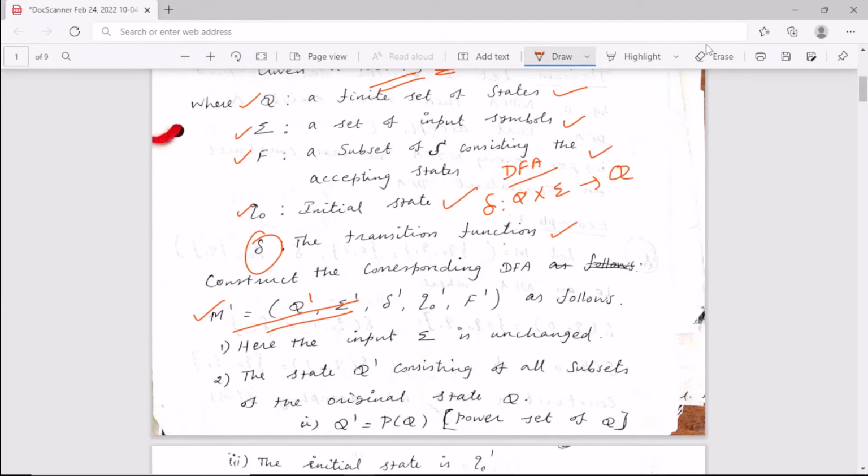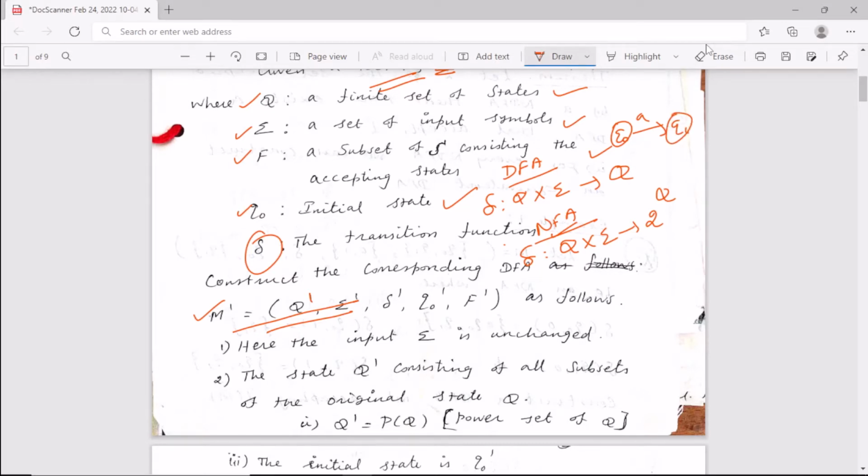In case of NFA, the delta transition function is from Q cross sigma to 2 power Q. That is the difference between DFA and NFA. Here we have so many possibilities. The next state is chosen at random in case of NFA, because for a state Q naught, by reading an input symbol, there exists a possibility to go to Q1.